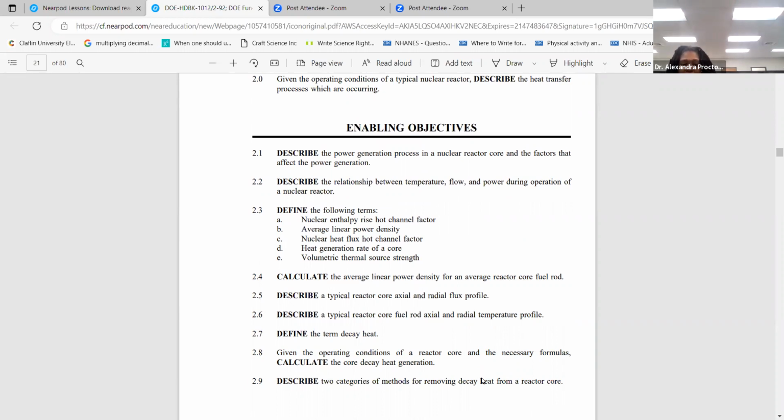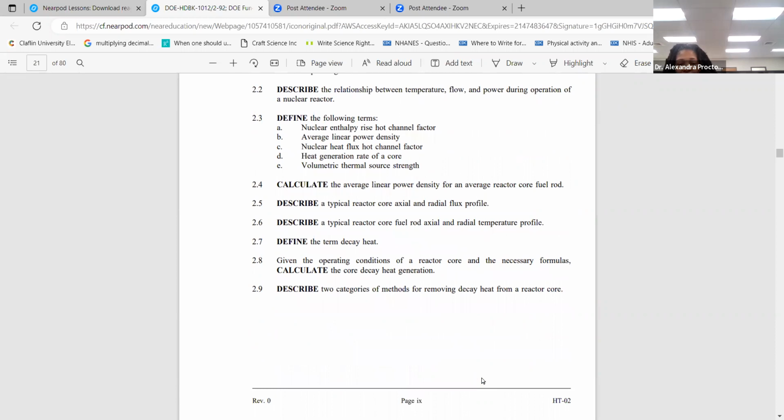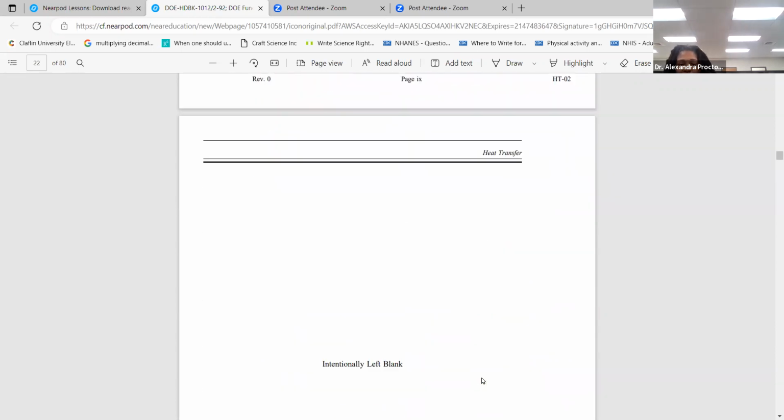Then given the operating conditions of a reactor and the necessary formulas, we're going to calculate the core decay heat generation, and we're going to describe 2 categories for removing decay heat from a reactor core.